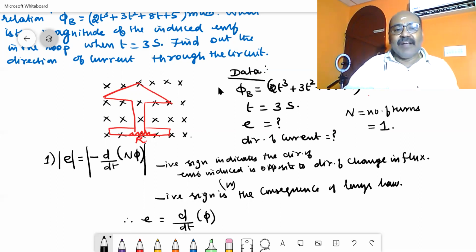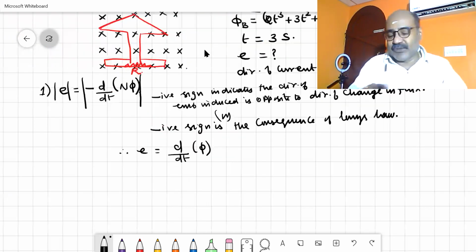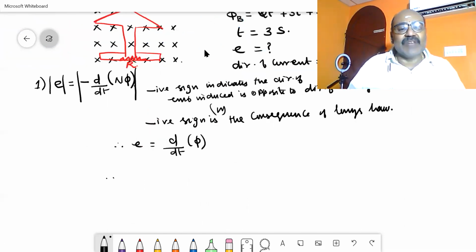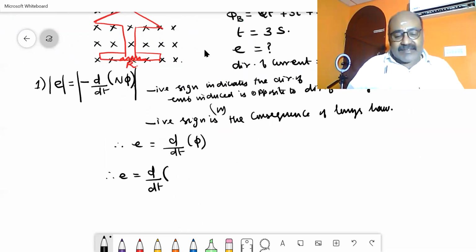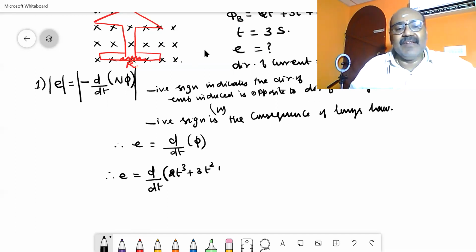Now substitute: the EMF induced is d by dt of phi, where phi is 2t cube plus 3t square plus 8t plus 5 into 10 to the power of minus 3.